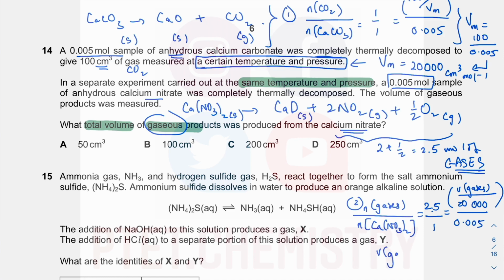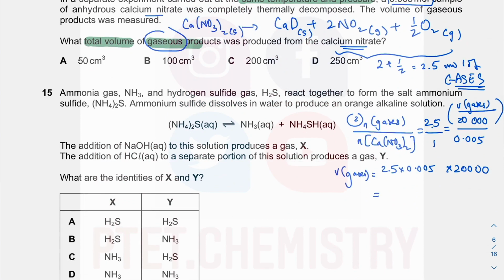So the volume of gases is equal to 2.5 times 0.005, multiplied by the 20,000 as well. You can do this step by step if you want to, but I'm really running out of space on this paper.